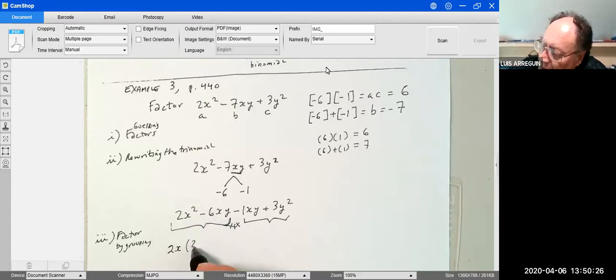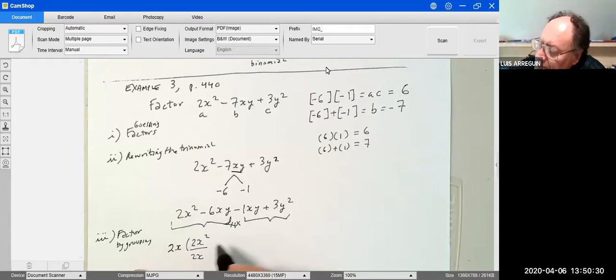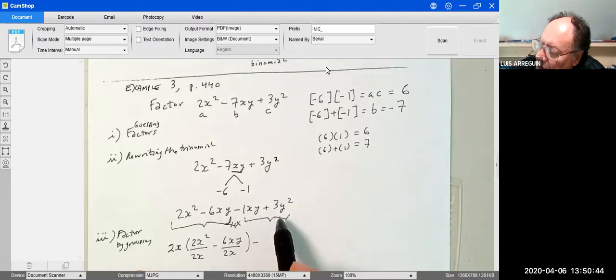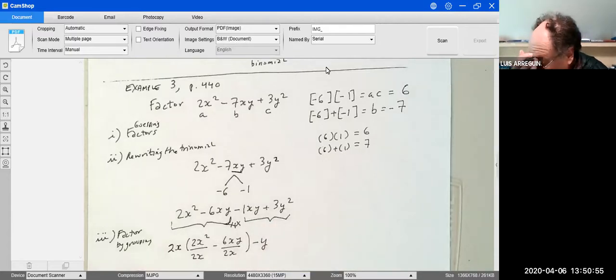So now I'm going to write every term divided by the greatest common factor. So I'm going to get these two fractions here. Now, what is the greatest common factor for the second group? For the coefficient, it is going to be just negative 1. And for variables, x doesn't appear in the second term, so we don't care about x. We only care about y, because y appears in both terms.